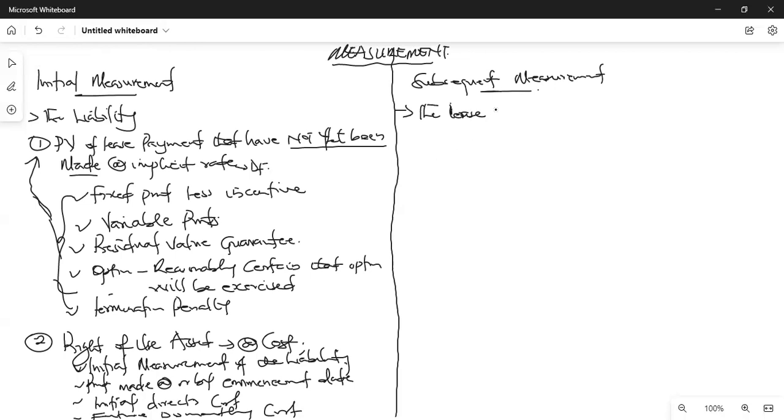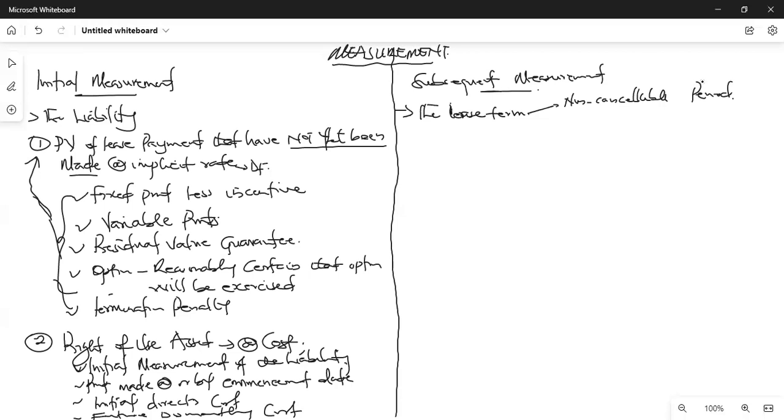So the lease term becomes of much essence, and the lease term should be the non-cancelable period.